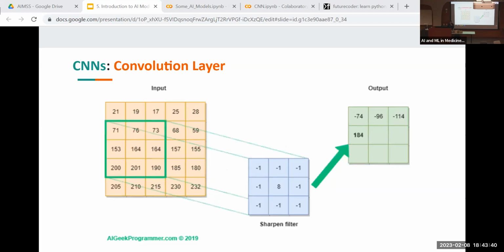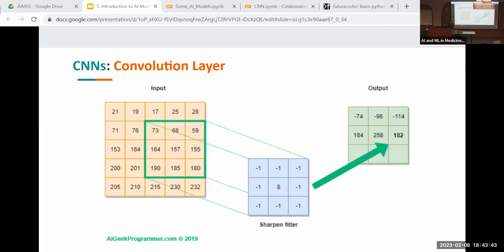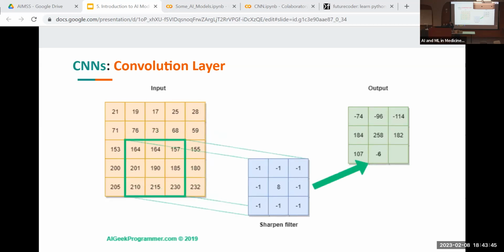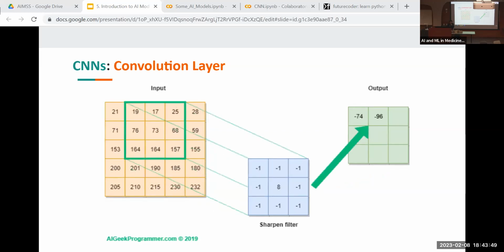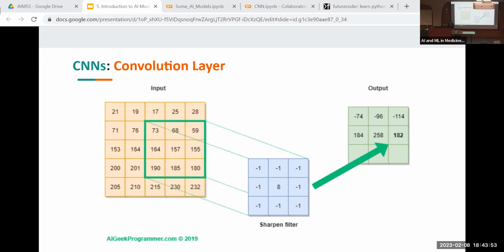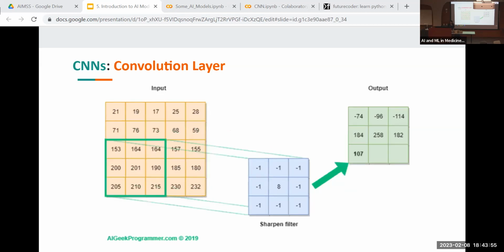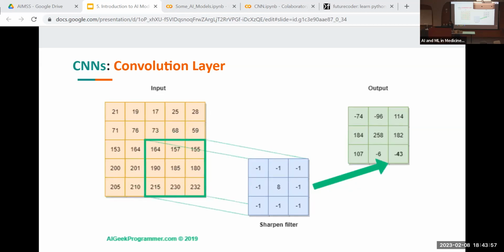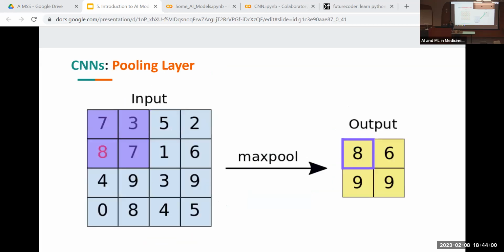So the goal of the CNNs is finally to find a good filter that can give us the output that we want. But before that, as I said, there are many layers, there are many computations in different depths of CNNs. So one is convolution, the other is pooling.